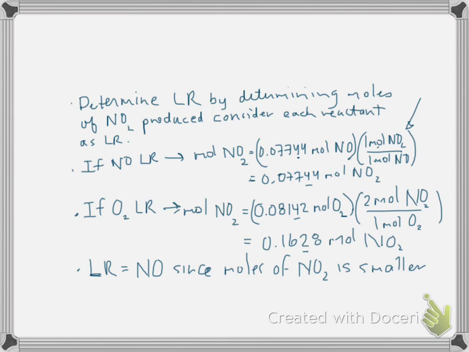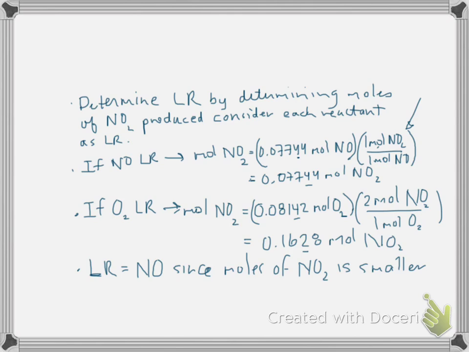If, however, the oxygen gas were the limiting reagent, the number of moles of O2 times this molar ratio, 2 moles of NO2 for every 1 mole of O2, would produce 0.1628 moles of NO2.